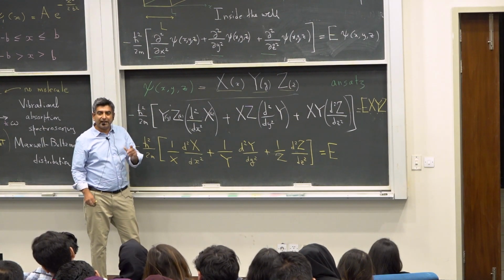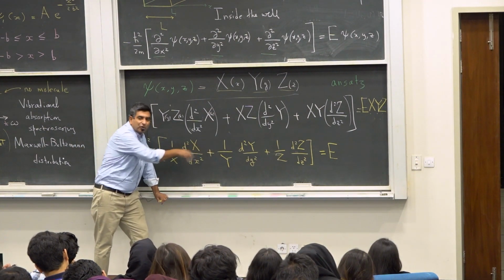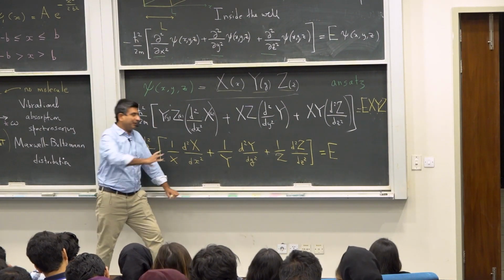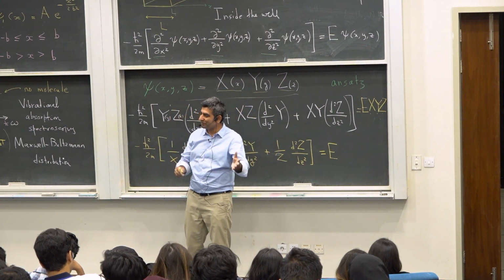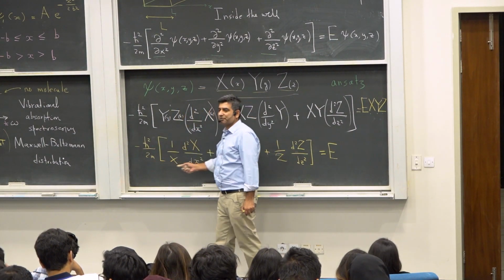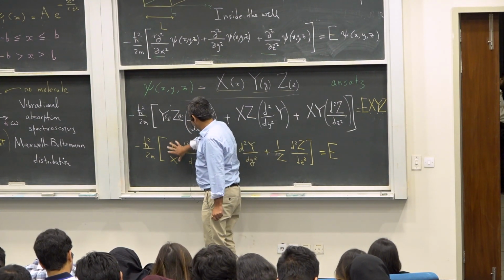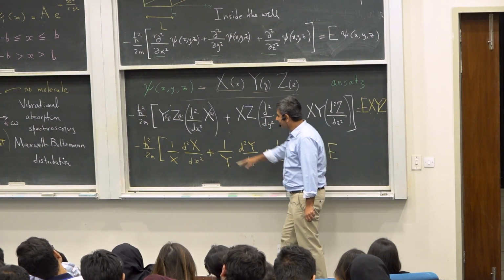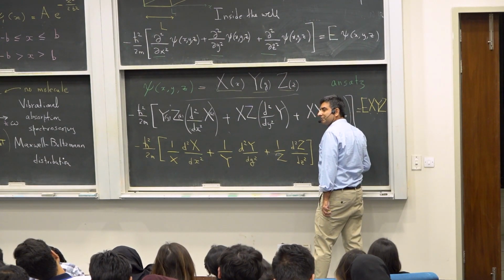So each one of these terms is a constant. And the only reason why this is a constant is because x's and y's are not intermixed with one another. Pure x dependence, pure y dependence, and pure z dependence are collected together, added up to give you a constant. So each one of these terms must be constant. Alright. So now this is a constant, constant, constant. And those three constants must add up to give you E. Right?